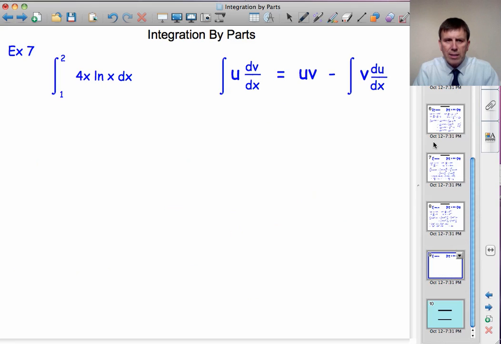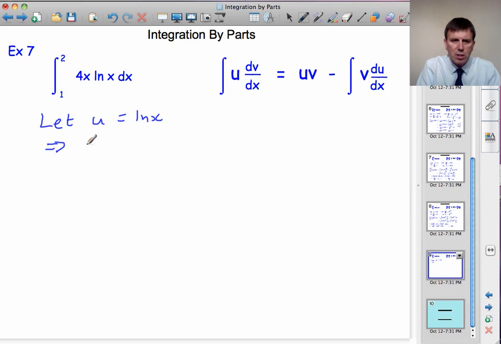Turning now to our final example, example 7. Integrate 4x log x dx between the limits of 1 and 2. So here's another log function example. And remember, if there's a log involved, we let u equal the log function. So let u equal log x, which implies that du by dx, the differential of log x, is 1 over x.